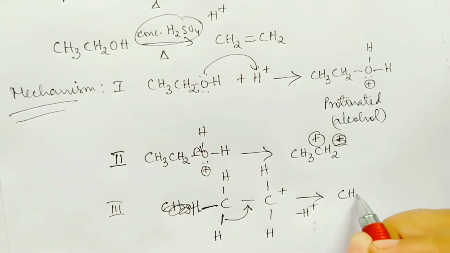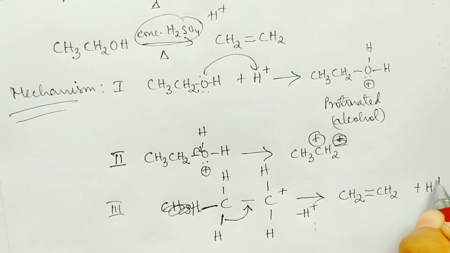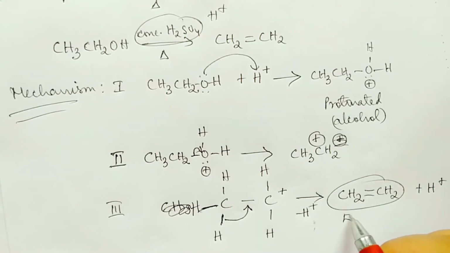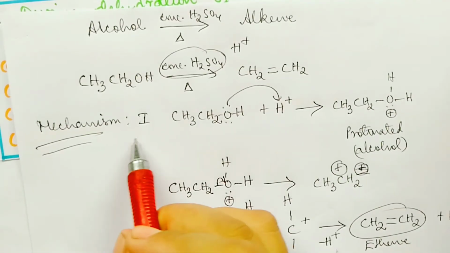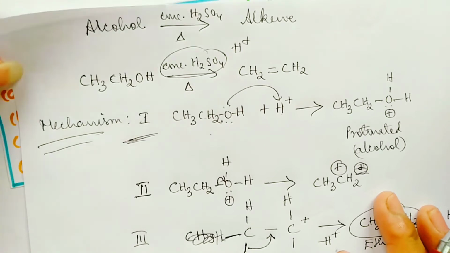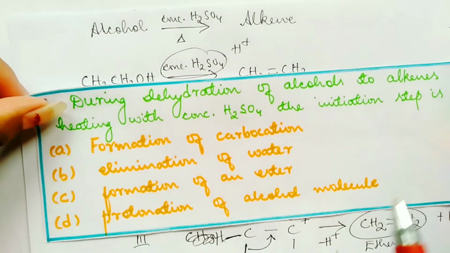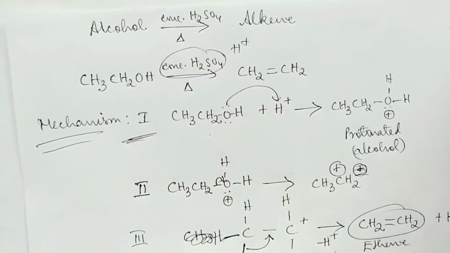Then we have CH2 double bond CH2 with a proton. This is ethene. So which one is the initiation step? This one, which is the protonation of the alcohol molecule. So the correct answer is the protonation of the alcohol molecule.